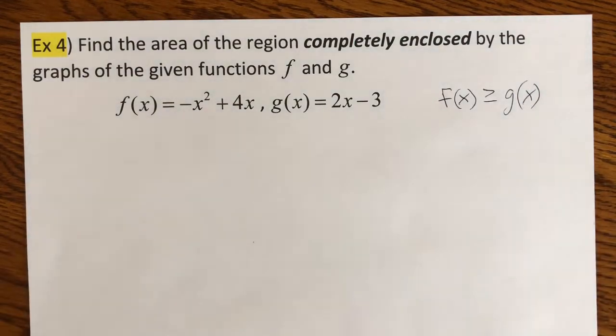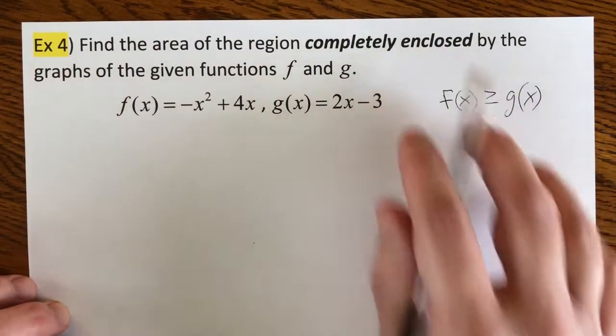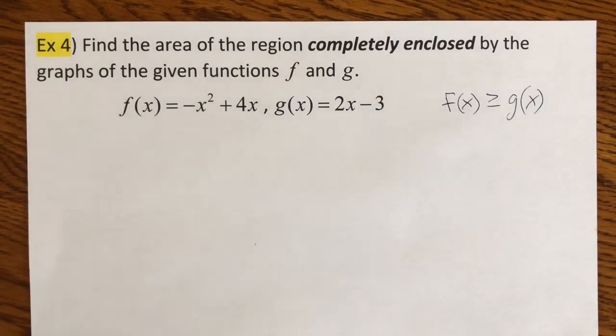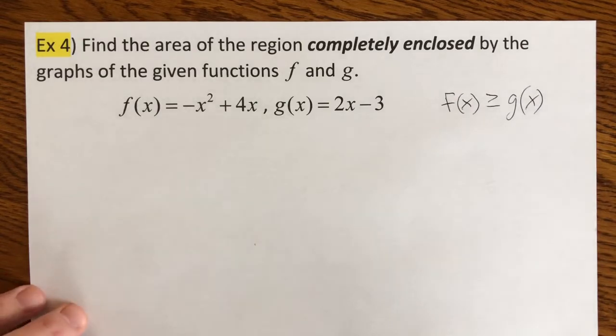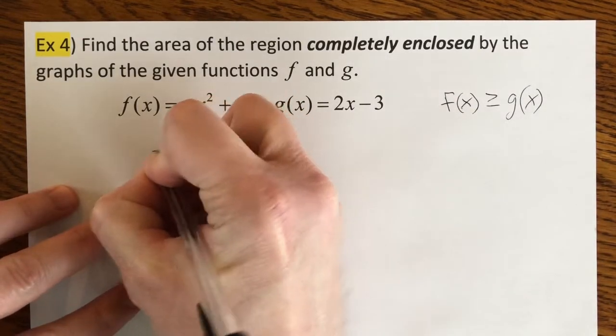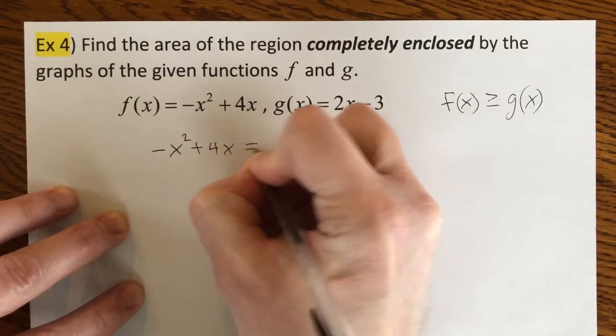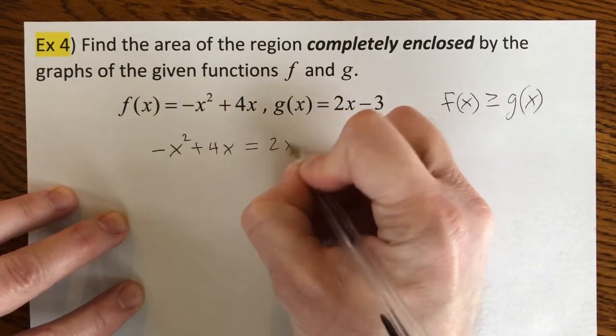All right, based upon these directions, you have to determine your points of intersection first. Your points of intersection will actually give you your limits of integration. So here's what I mean by that. First step, we're going to let f of x be equal to g of x.